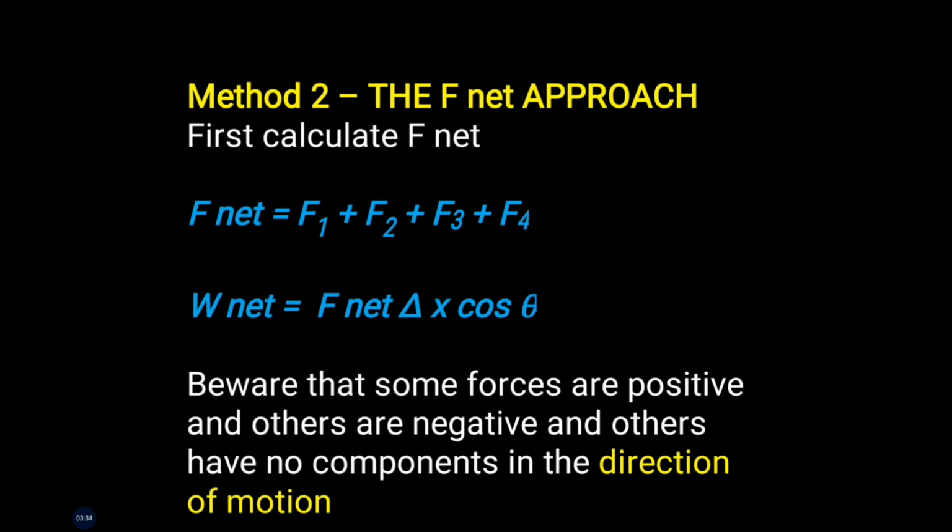Again, you need to take cognizance of the fact that some forces are positive and others are negative, and other forces have no components in the direction of motion. The normal force and the gravitational force, for example, when an object moves along a horizontal surface, will have no components in the direction of motion.